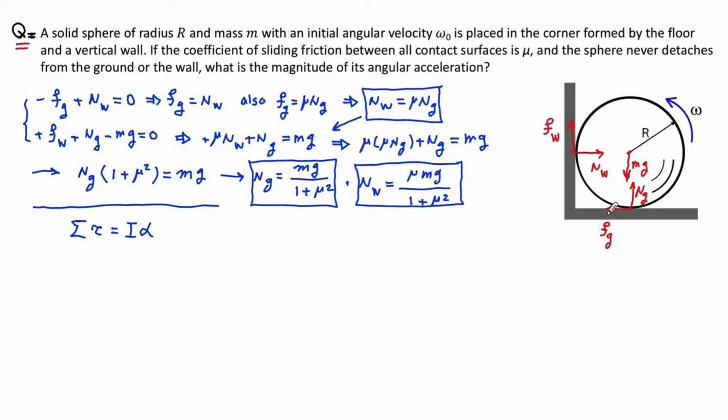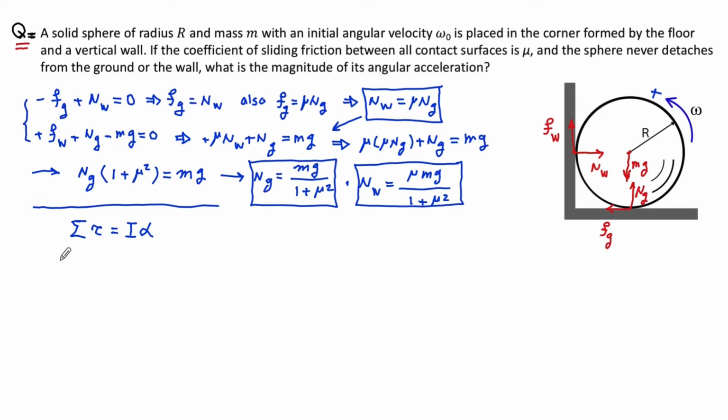So these two forces try to stop the sphere from rotation. Because this direction is the opposite direction, Fw and Fg apply two torques in the opposite direction of rotation.